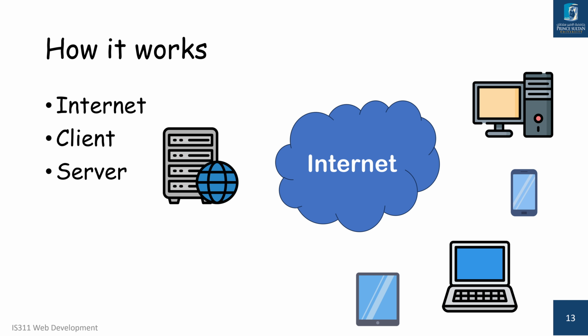If a computer A, for example, this computer, this is our A computer, and this A computer wants to communicate with the server, of course I need to understand where exactly that server is.